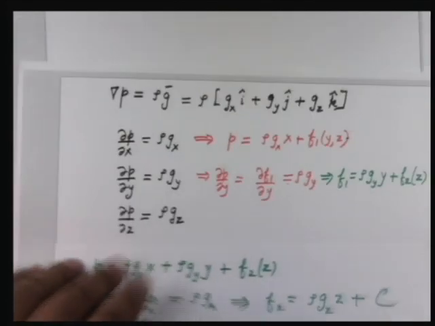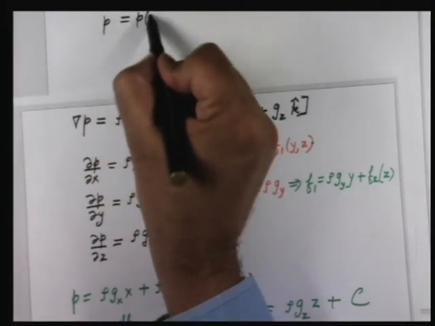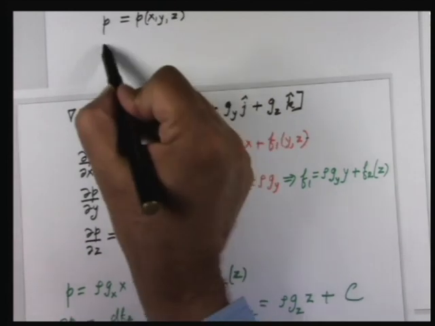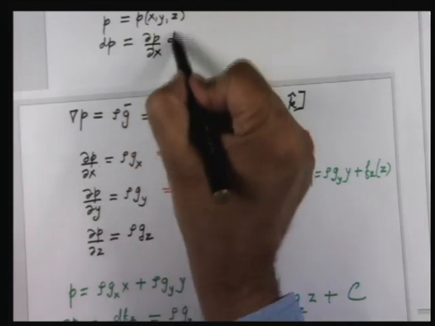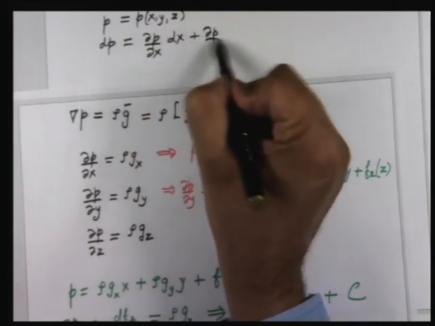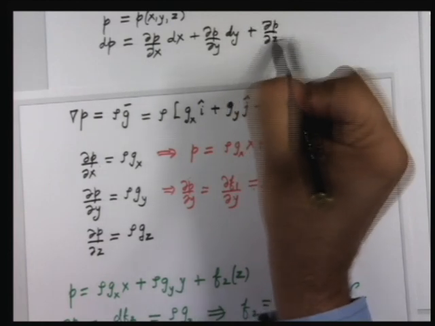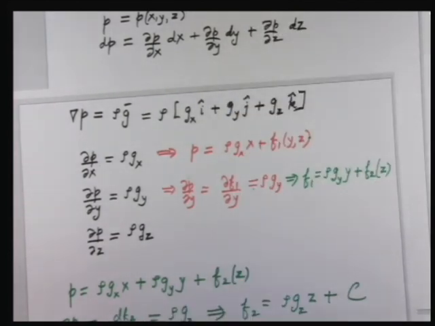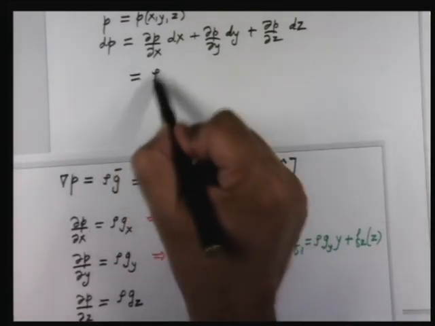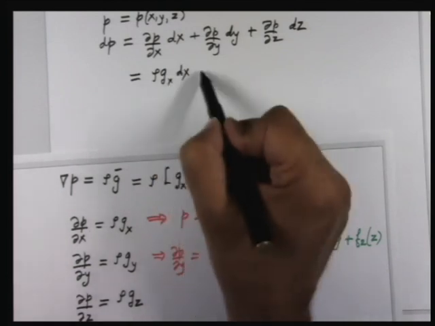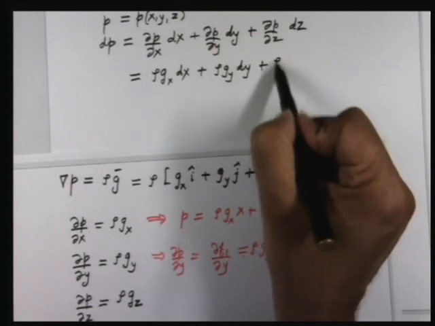Now I will show you another shortcut. If I say p is a function of x, y, z, then you know from your calculus that dp is del p del x dx plus del p del y dy plus del p del z dz. Now del p del x I can write as rho gx. Del p del y is rho gy, and this is rho gz.